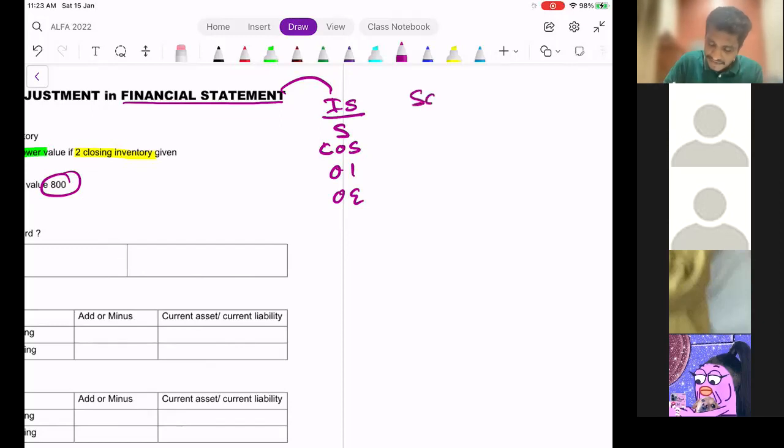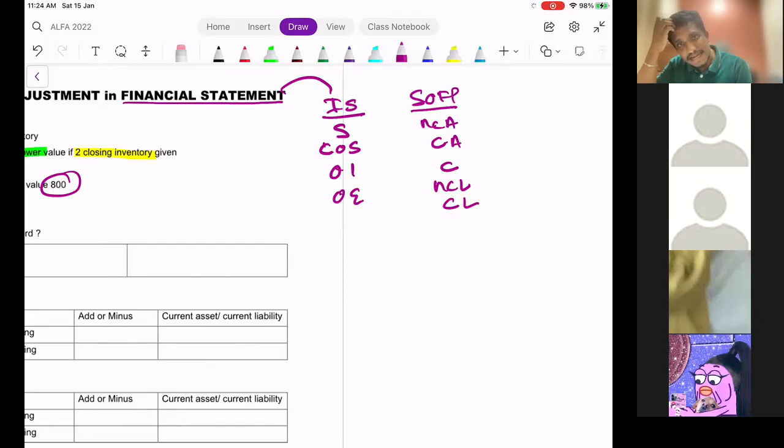In a statement of financial position, we have non-current assets, current assets, capital, non-current liabilities, and current liabilities. We have five sections in a statement of financial position.